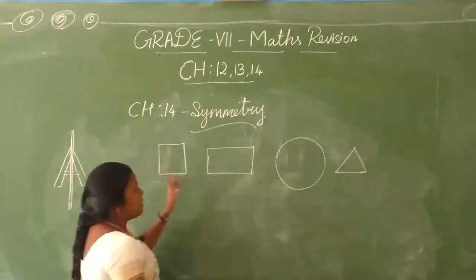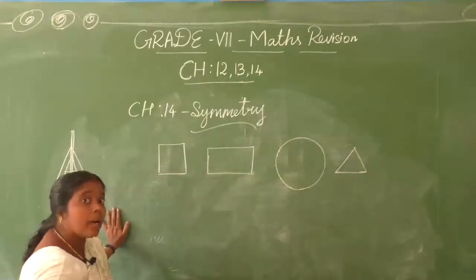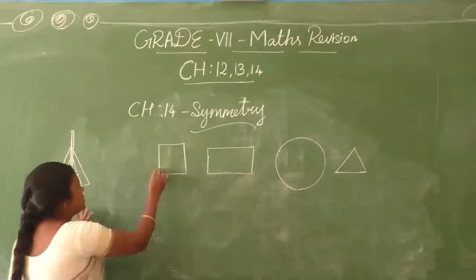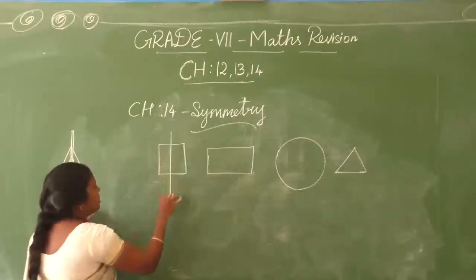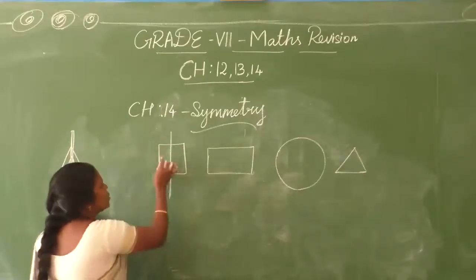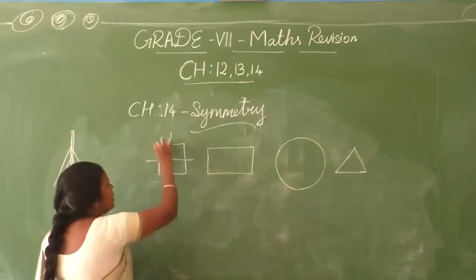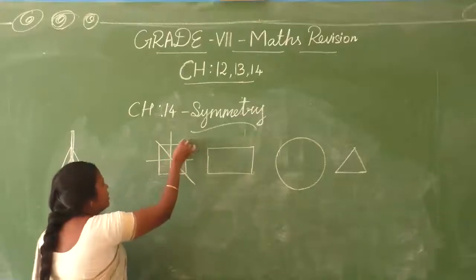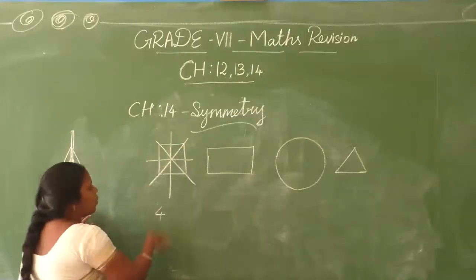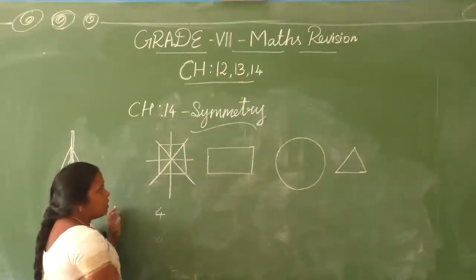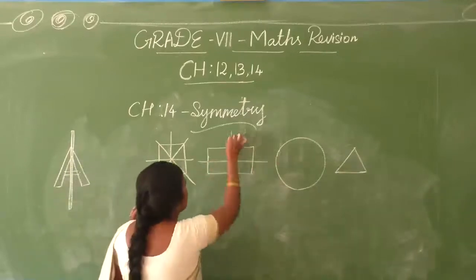Okay, here the number of lines of symmetry. See, square, all the sides are equal, no? So this is vertical. Horizontal also we can make, diagonals we can make. So here 4 lines of symmetry will come. Rectangle, 2 lines only.